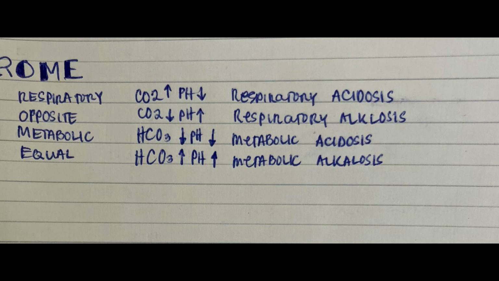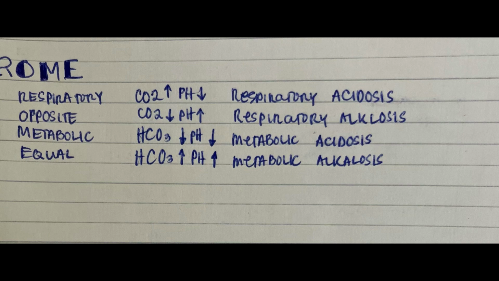That will be respiratory acidosis. Respiratory because they are opposite, and acidosis because the pH value drops. And for example, if CO2 drops and pH increases, that will be respiratory alkalosis. Respiratory because they are opposite, and alkalosis because the pH is above the normal value.